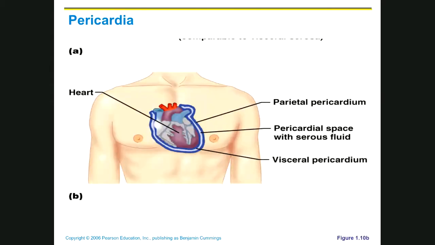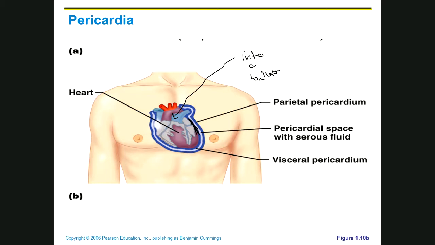Well, the heart is exactly like that. The heart looks like someone just took the heart and shoved it into a balloon. And so look, when you shove it into the balloon, you create two layers. So here's one layer right here, which is touching the heart. But there's this other layer right here, which is not touching the heart.